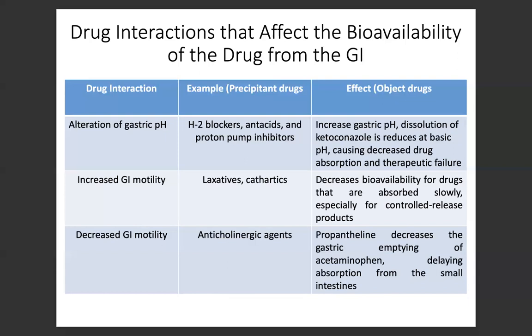Kung GI motility paspas, sige kag I call this, mas magdali ka maglibang or defecate. Sorry for the word. Decreased GI motility, mga anticholinergic agents. So, propanthelin decreases the gastric emptying of acetaminophen. Again, propanthelin decreases the gastric emptying of acetaminophen.